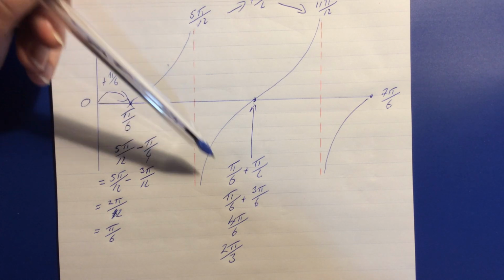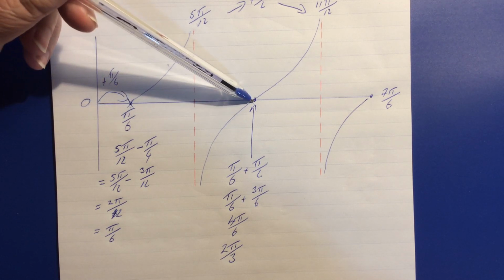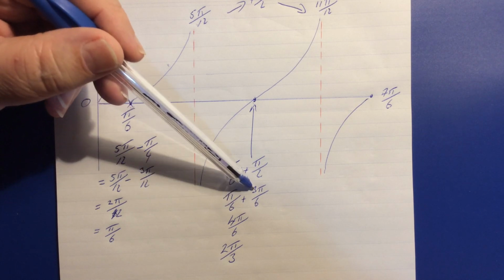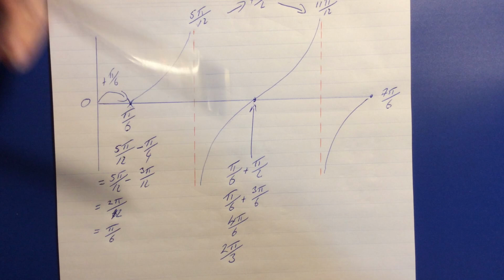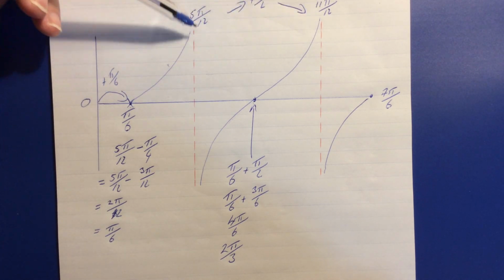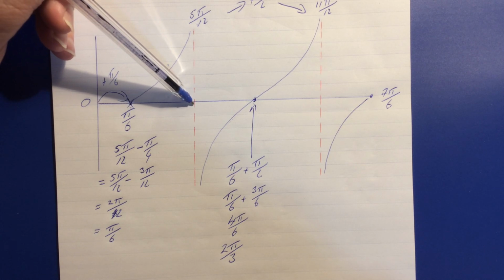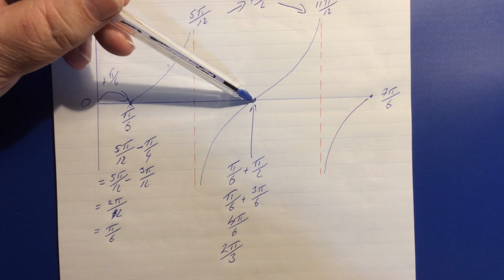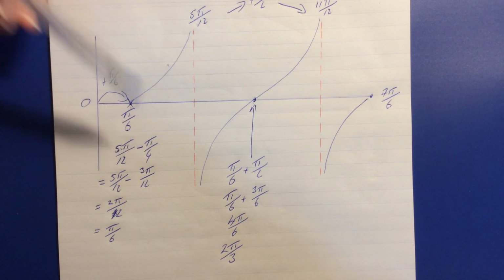I have pi on 6 here plus the period, pi on 2, which is pi on 6 plus 3 pi on 6, which gives me 4 pi on 6, which gives me 2 pi on 3. There are other ways of doing it. You can take 5 pi on 12 and add half the period, which is pi on 4, just as we did here with subtraction.